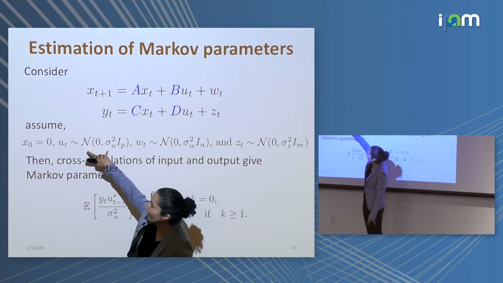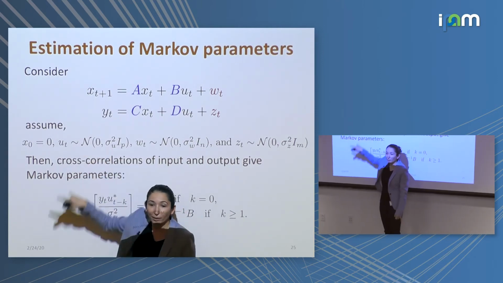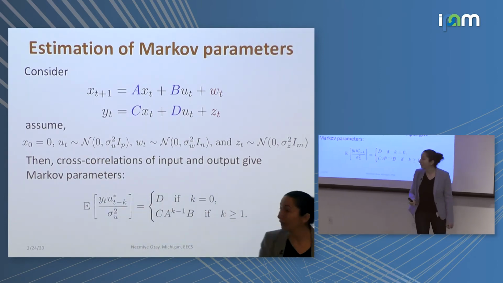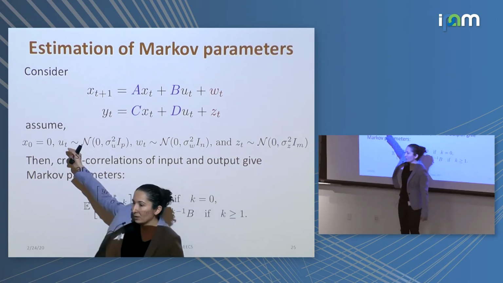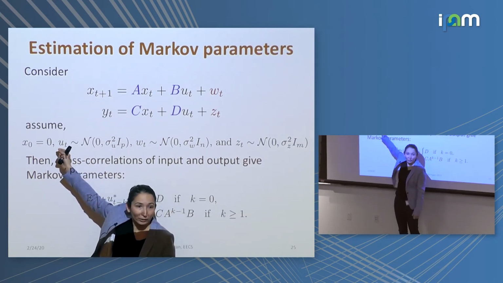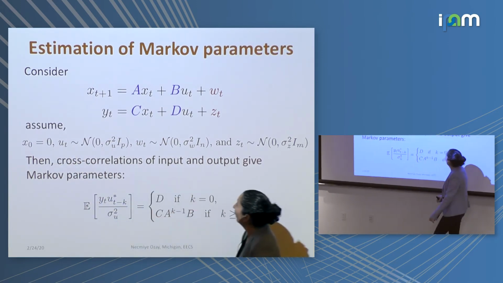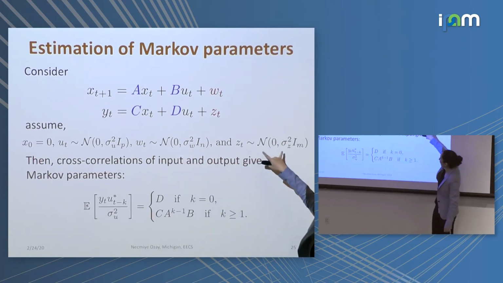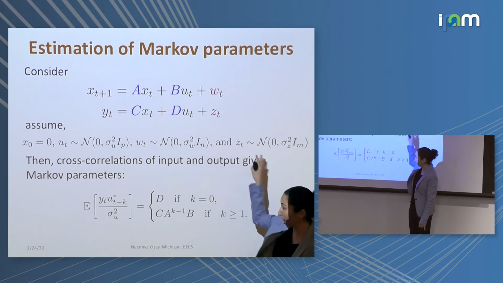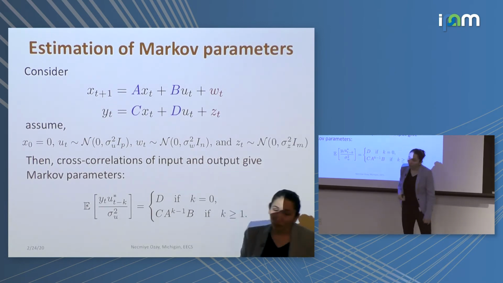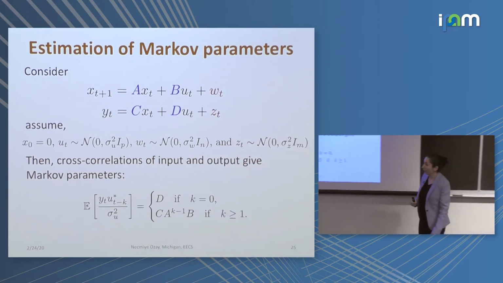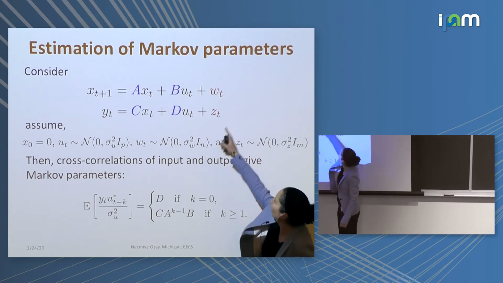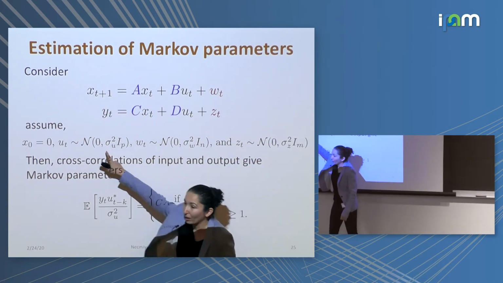I am driving the system with a Gaussian, but I exactly observe and know the values of this U. And the system is also driven by this process noise and measurement noise. They are also Gaussians. I know the variance, but I don't observe the red stuff. So I observe U.